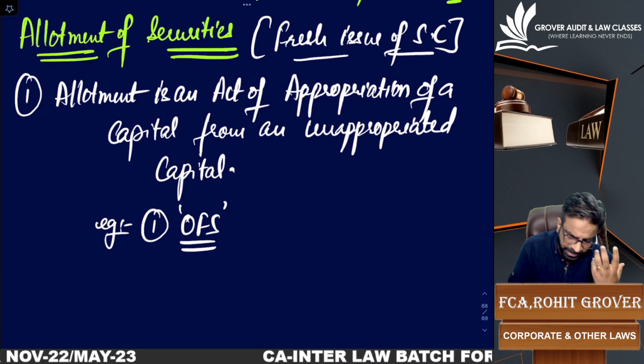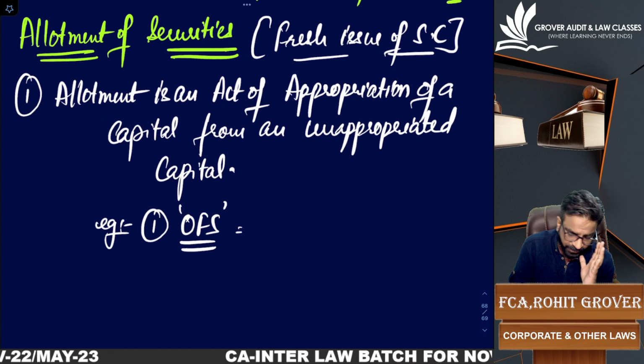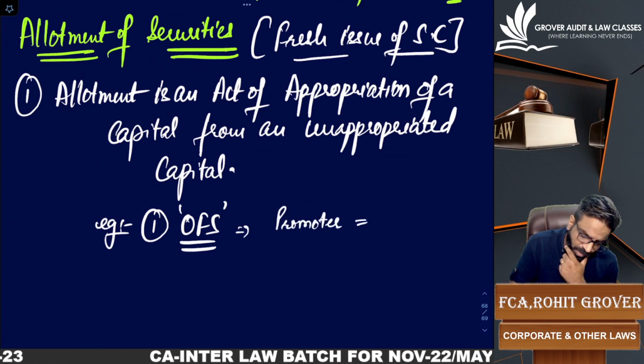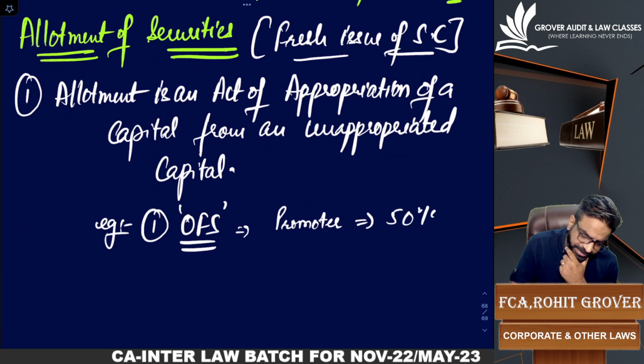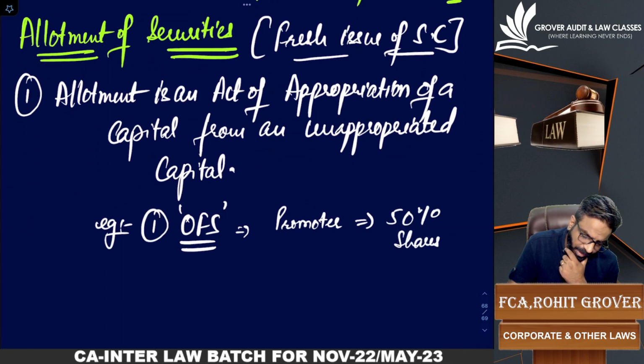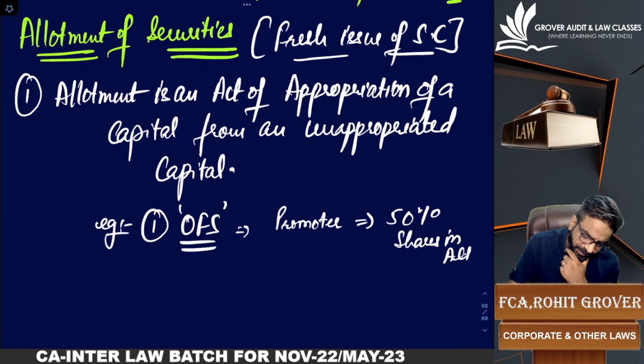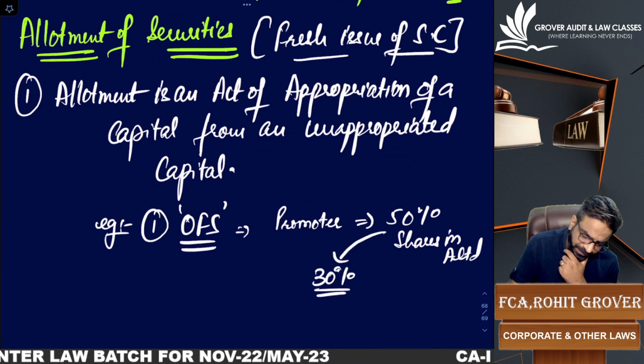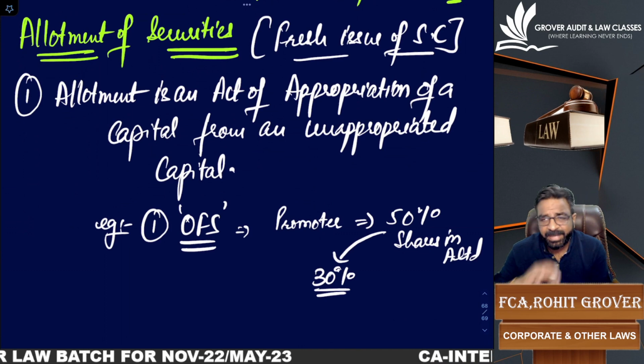What does offer for sale of securities mean? Now listen to this very carefully. There is one promoter who is already holding 50% of the shares in the company. Now he wants to sell 30% of his shares. Now tell me, is it an IPO, an FPO, or an offer for sale?